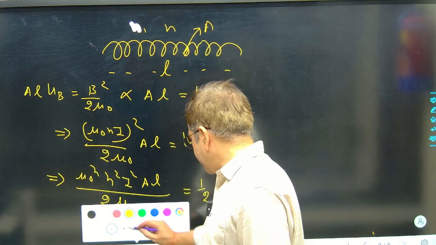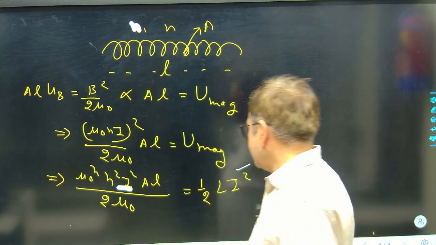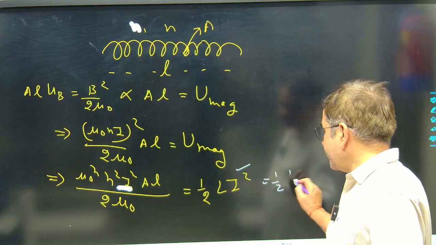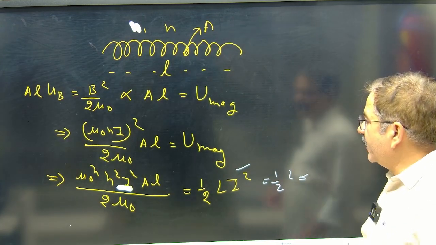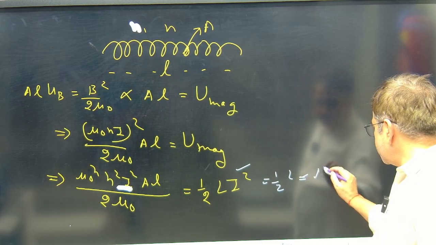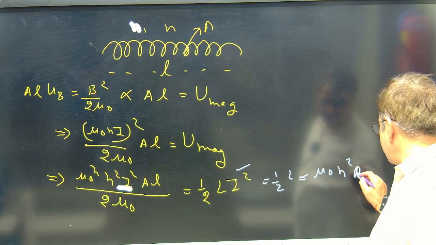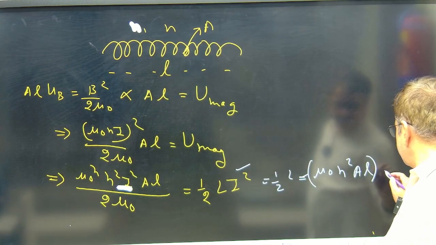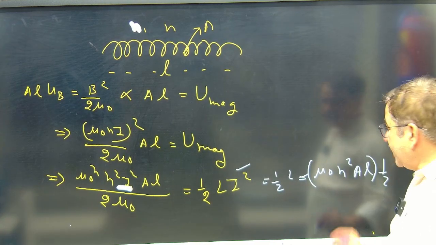If I remove this factor of I square here and I square here, just see, half L is this value. The term will be mu naught N square A into L, into half, so that will show the energy.